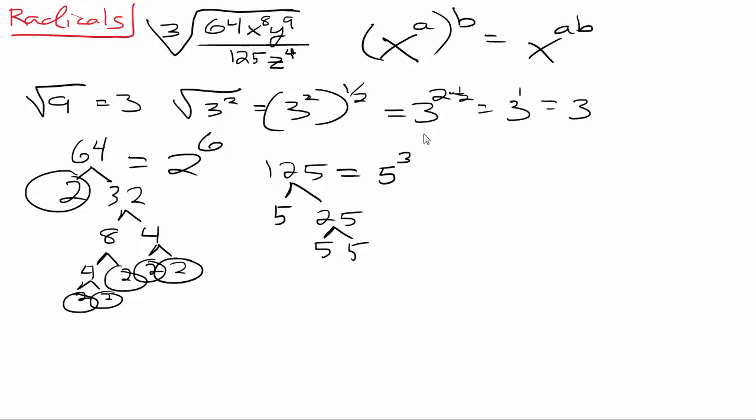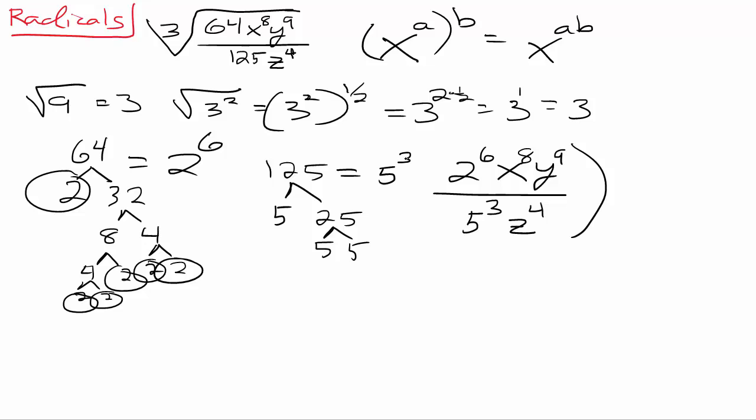Okay, so now we can rewrite this original thing as 2 to the 6th, x to the 8th, y to the 9th, over 5 cubed, z to the 4th, and this whole thing, because it's a cube root, right, is raised to the 1/3 power.